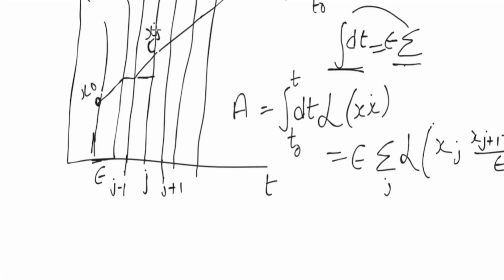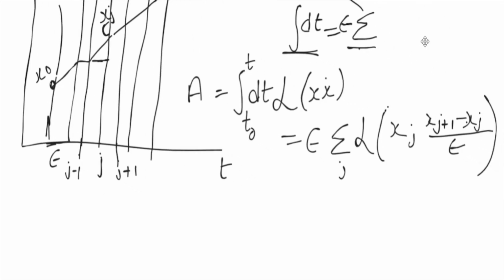This xj is changing. If xj is changing, then we know that in this expression here it is xj, so the action will change here. And if xj plus 1 is fixed but it is related to xj, then if xj is changing, this velocity will also change. The velocity of a particle here will also change if we move this point c a little bit. So the velocity also changes a little bit.